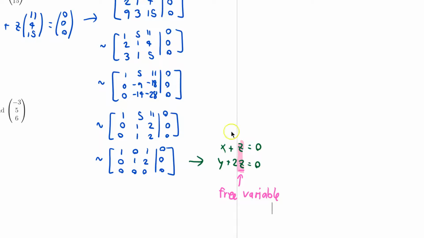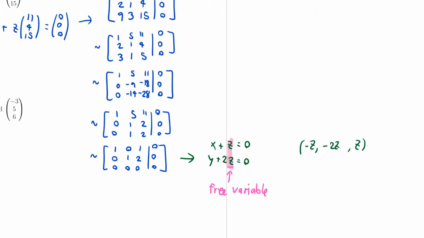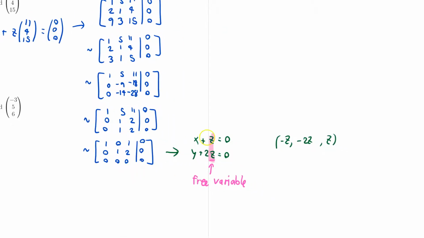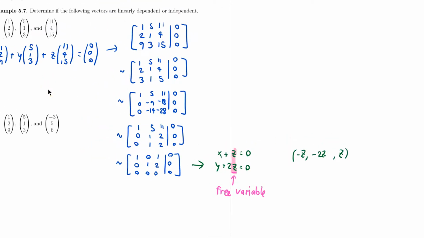So that means I can let this z be anything. So my solution would just be, I can let the value c be anything, and then my x would just be negative c, and my y would just be negative 2c. So what that means is, there are definitely many solutions to this equation.